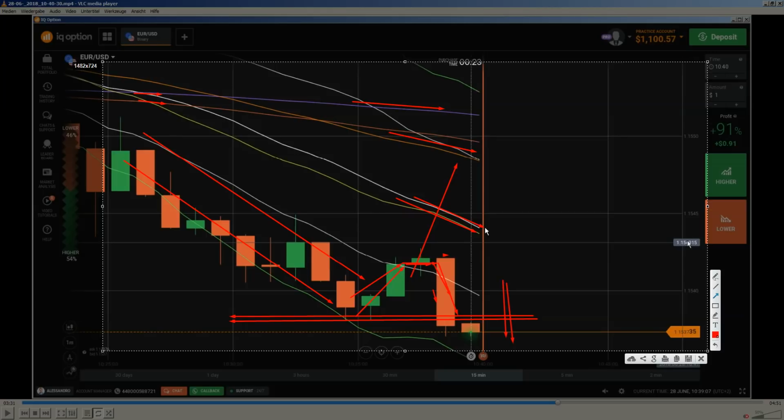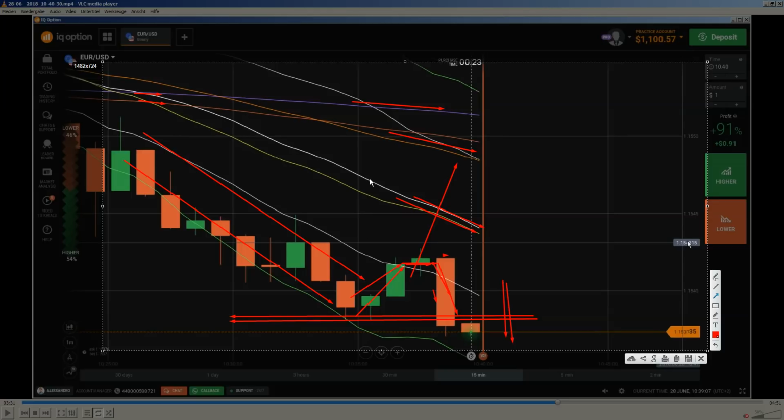If they are both heading down and are parallel, that means we have a good downtrend now, because they are both going in the same direction. There is no crossing. I have explained this: a crossing of the 20 EMA and the 20 SMA, or the middle Bollinger Band, means you get either a trend reversal or a pullback.